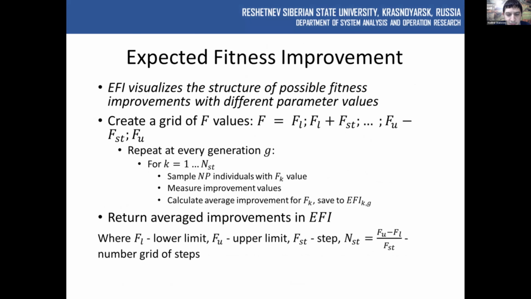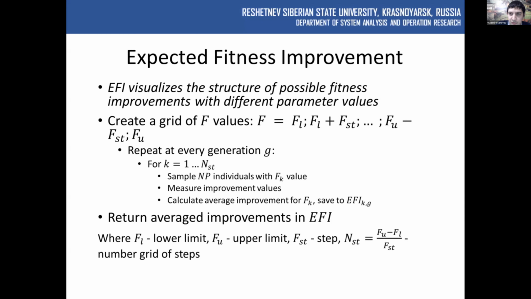So how can we understand which parameter values are good or bad, or how do we tune them? Well, several years ago, I had this idea of expected fitness improvement, or EFI. The idea is the following, similar to the pictures that I have shown you before.